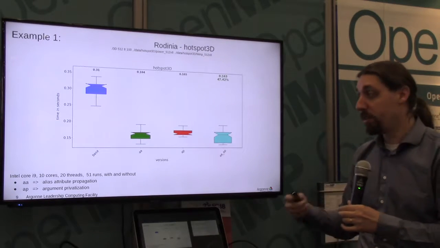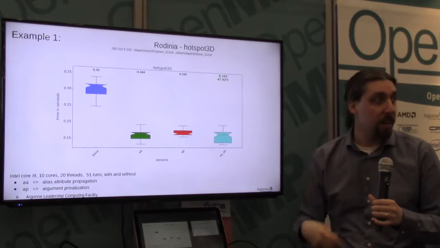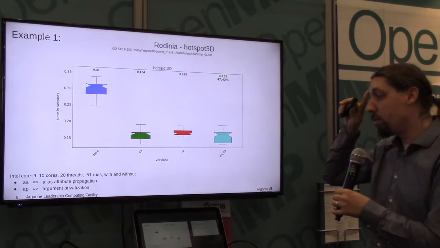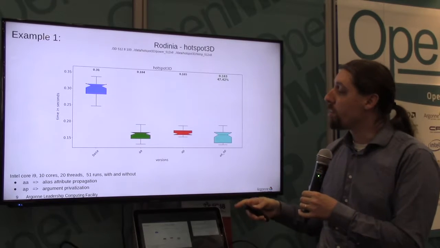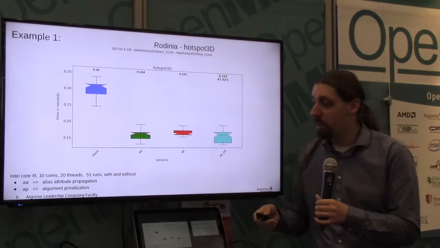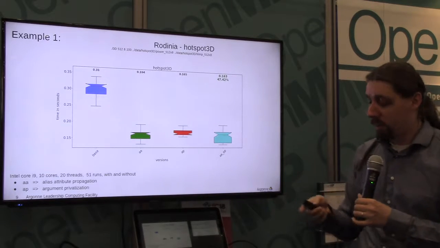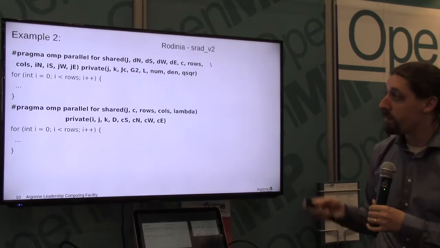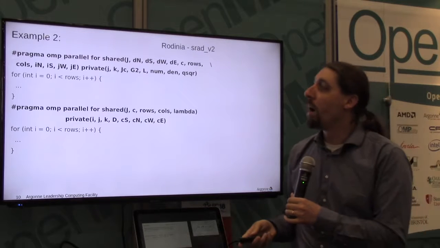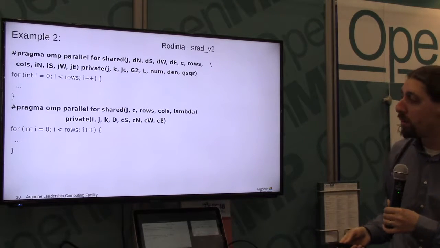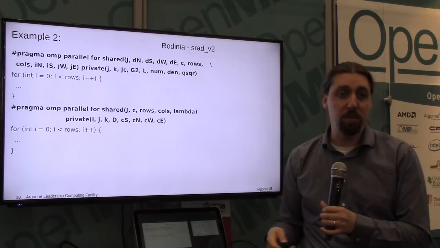And this enables other existing optimizations to kick in, and you get much better performance. Okay, so that's this jump. We can also do other transformations for argument privatization, other things, and these also give a slight additional enhancement.